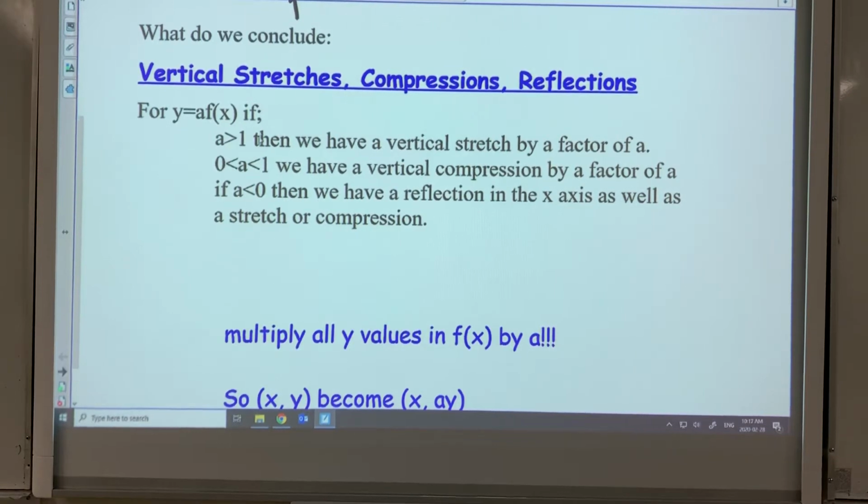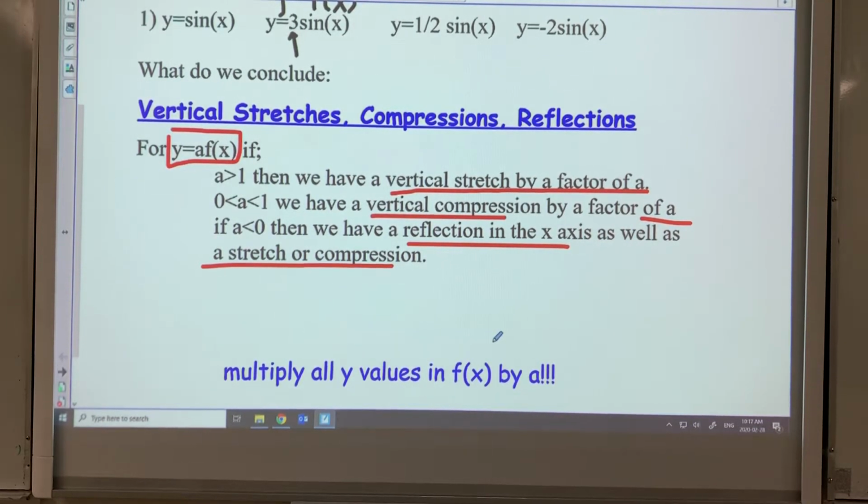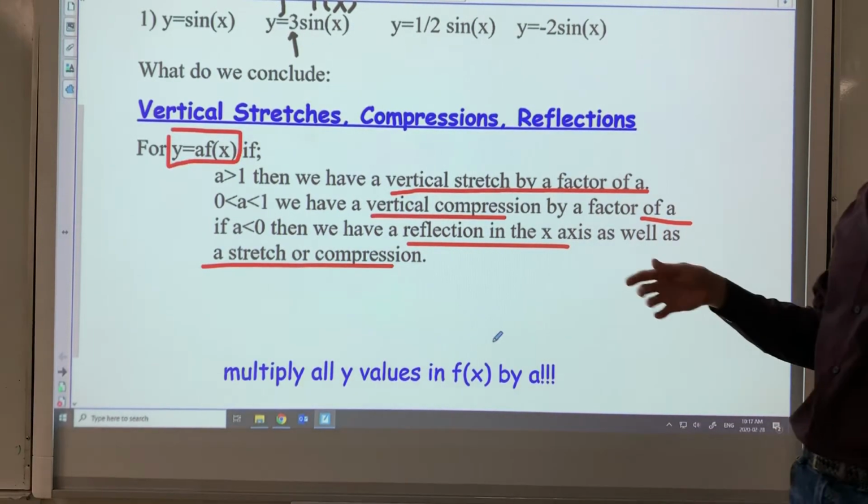This is the formula we'll use, and we'll call that number A. If A is greater than 1, we have a vertical stretch by a factor of A. If it's between 0 and 1, some fractional number, it's a vertical compression by a factor of A. And if it's less than 0, that's going to be a reflection in the x-axis as well as a stretch or compression. So if it's negative 3, it would be a stretch and a reflection.